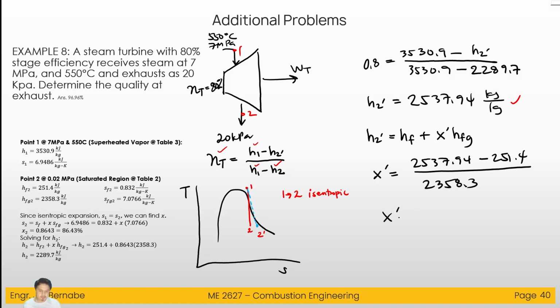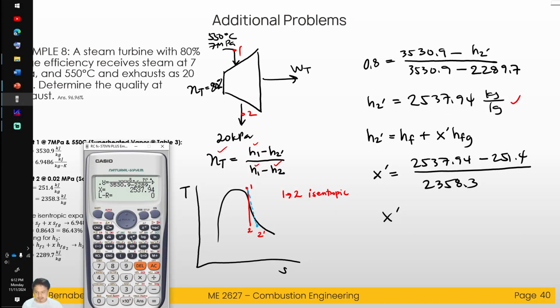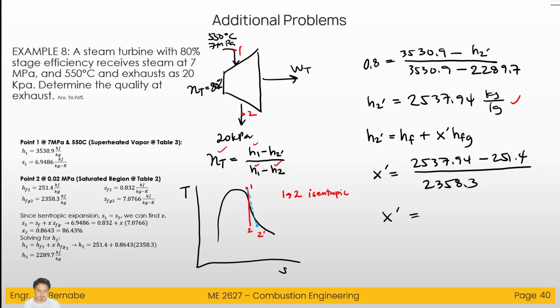So x prime is 2537.94 minus 251.4 divided by 2358.3, which gives 0.9696, so basically 96.96%.